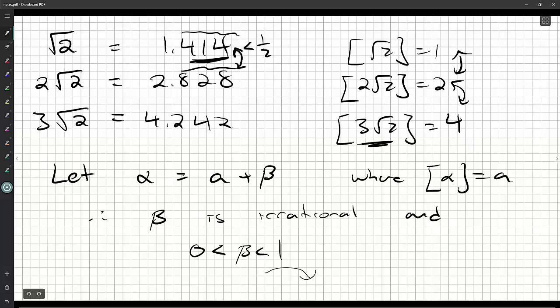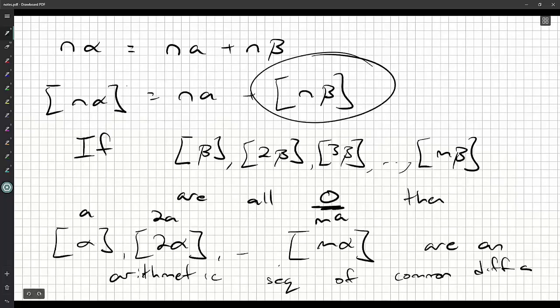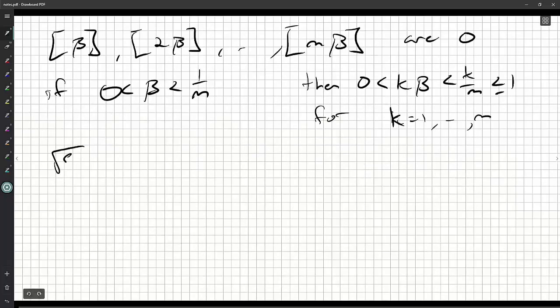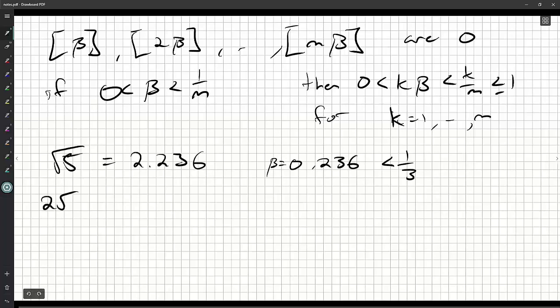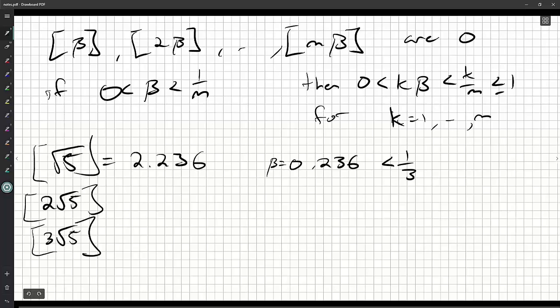But if I used something like root 5, which is about 2.236 or something like that, the beta here is definitely less than 1/3. So I can confidently say that 2 root 5 and 3 root 5 will form an arithmetic sequence of length 3, and one of length 4 because this is actually less than 1/4, but not one of length 5 because this is greater than 1/5.